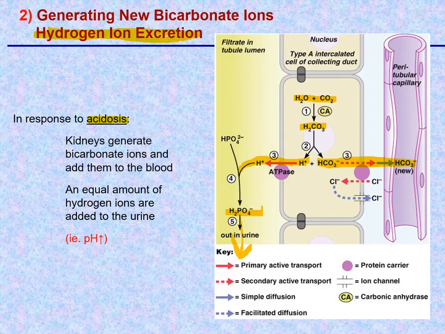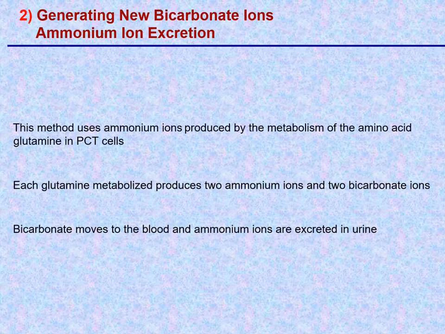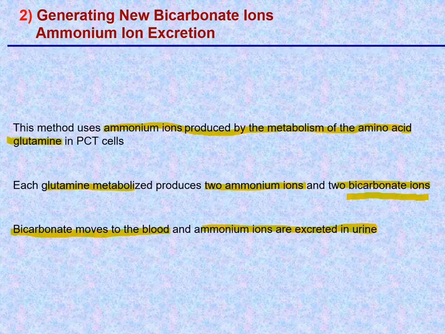The other type of generation of new bicarb involves ammonium ion excretion. The ammonium ions are produced by the metabolic breakdown of the amino acid glutamine. So that amino acid is metabolized, producing ammonium ions and bicarb ions, and these new bicarb molecules that are generated will move into the blood, and the ammonium ions, which are acid, will be excreted into the urine.